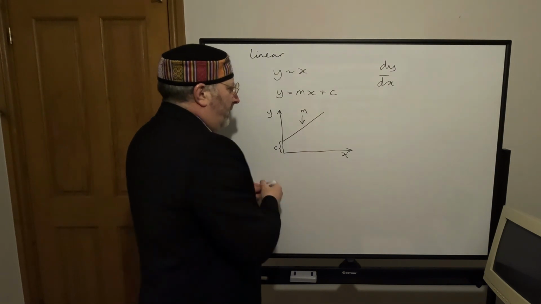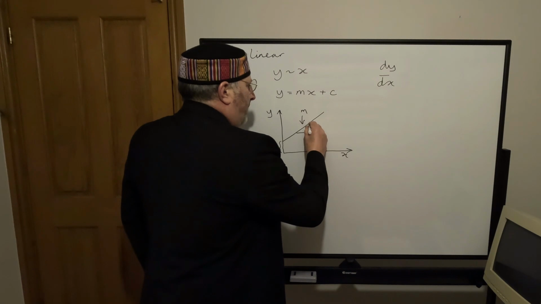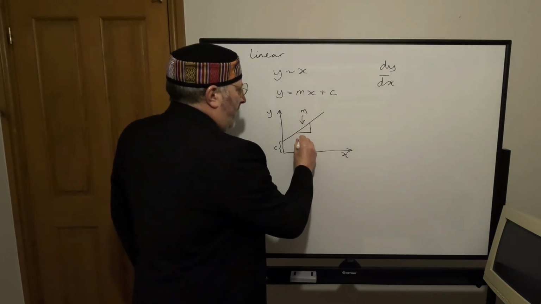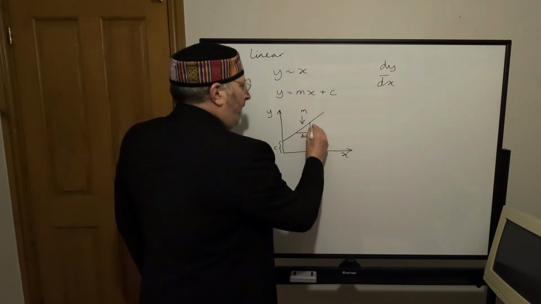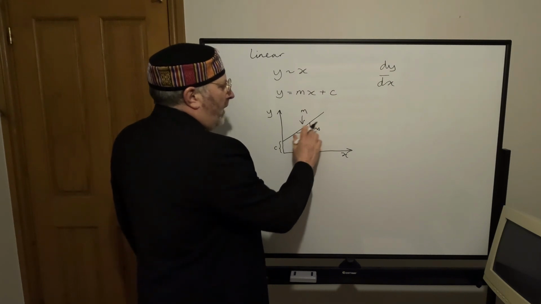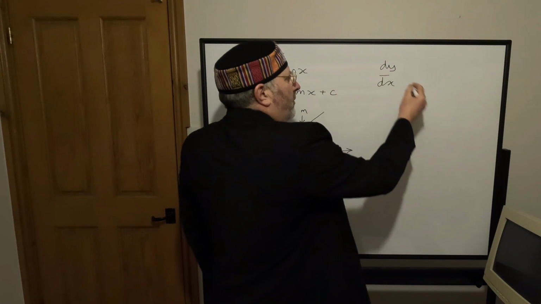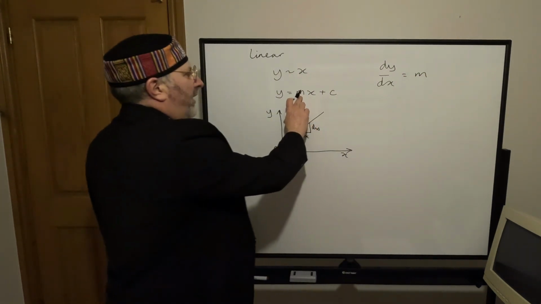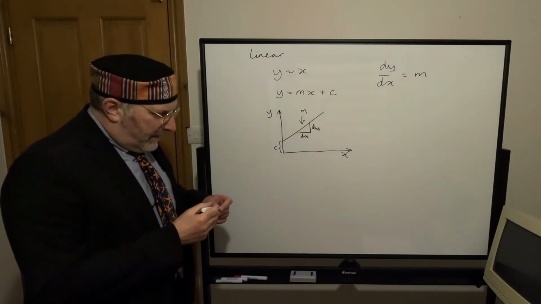And the definition of the slope is how much you go up for a given distance along. So in this case, this would be dx, the change in x, and that's the change in y, and dy divided by dx is the definition of the slope. So we can just go straight to the fact that because I said in this equation m is the slope, dy by dx equals m.